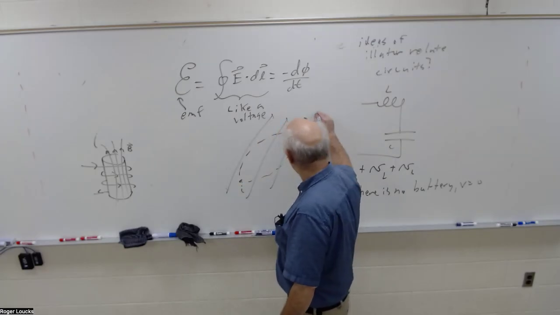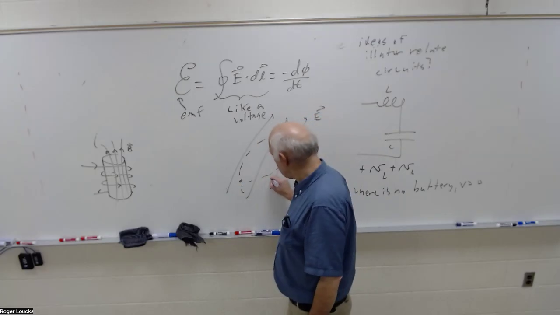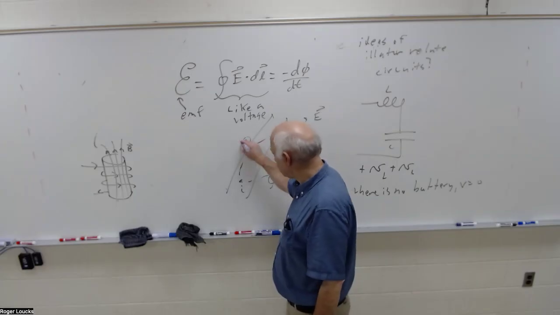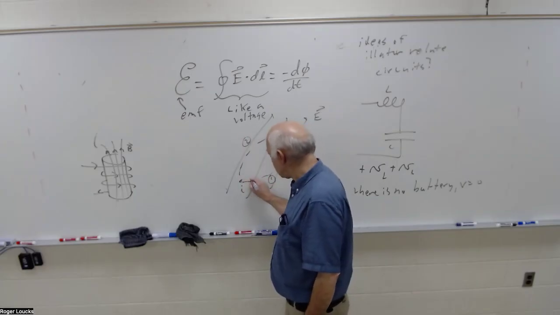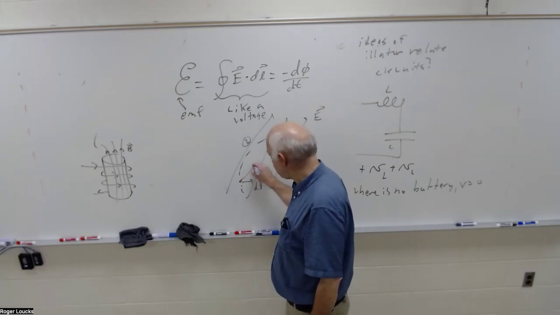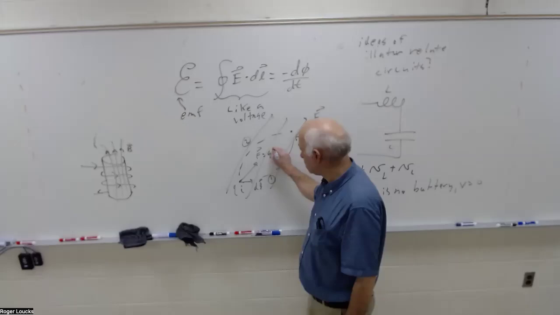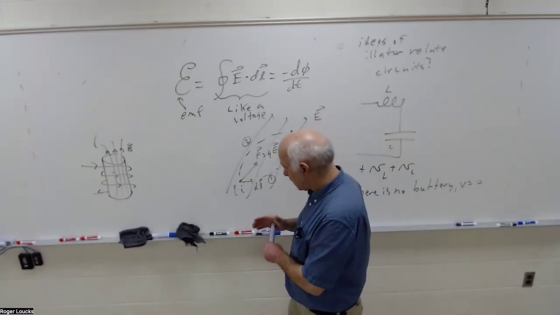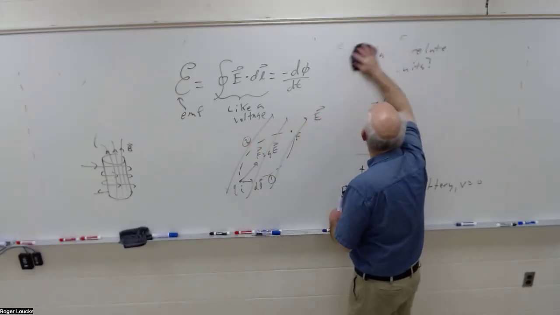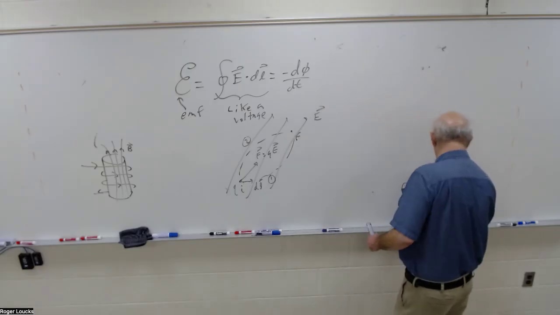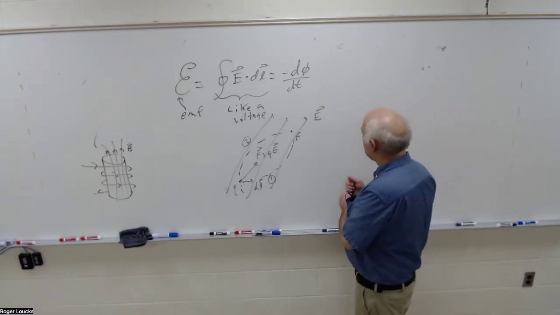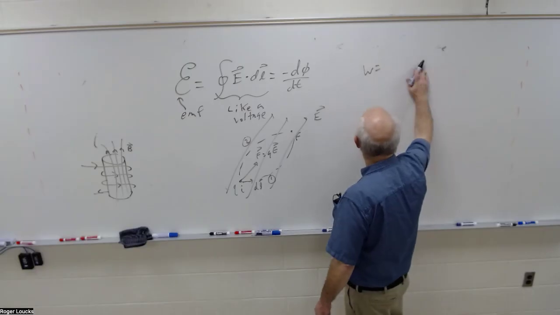Let's say this is path 1, this is path 2. Here's my dL like this, and here's my force, and I'm moving a charge Q. Remember the force is going to be Q times E. So if I want that work done by that field, what is it going to be?